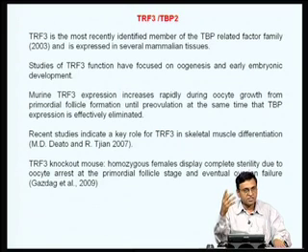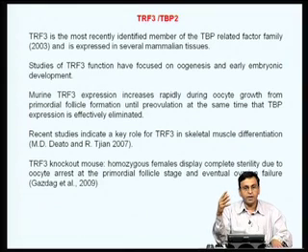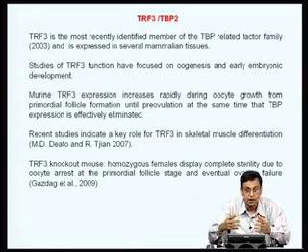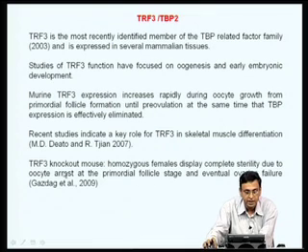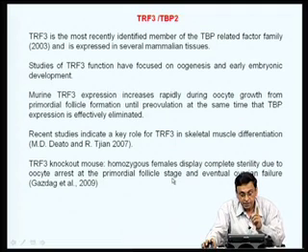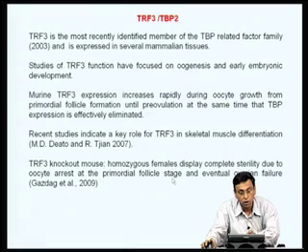So I am telling these examples just to emphasize the fact that there are variants of TBP which seem to have tissue-specific, cell-type-specific or developmental-specific regulation, because their expression patterns are different from the normal TBP. If you knock out TRF3 in mice, the homozygous females display complete sterility due to oocyte arrest at the primordial follicle stage, which tells you clearly that TRF3 has a very important role for further development from the primordial follicle stage onwards.